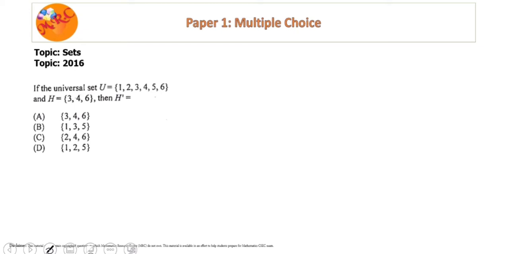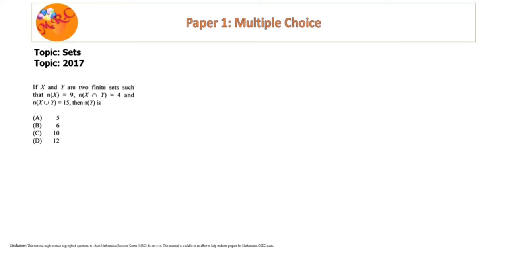In this set we're seeing 3, 4, and 6, so they are not part of the complement set. Taking out these, what's left? 1, 2, 5. So that is H complement, and that is D.